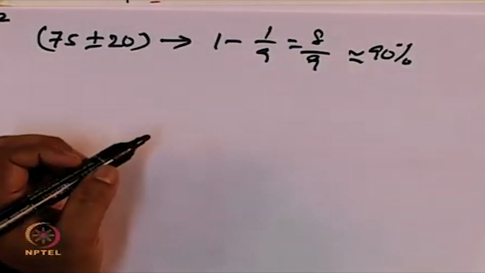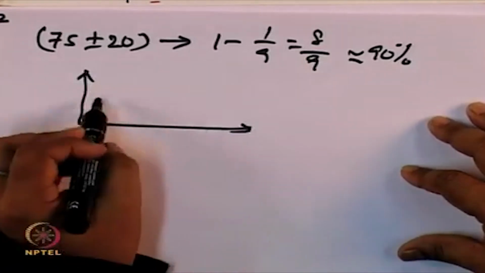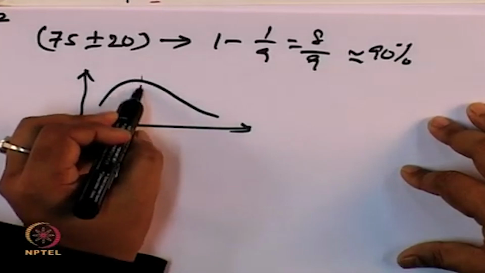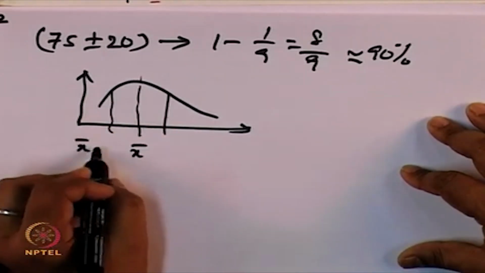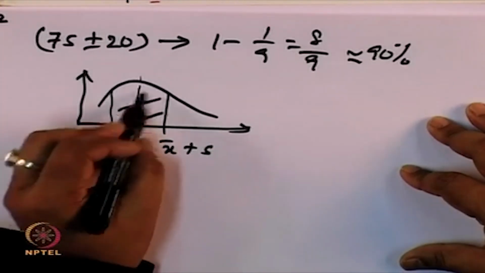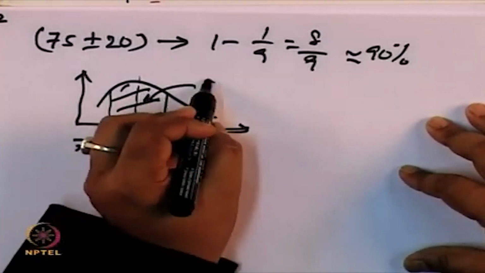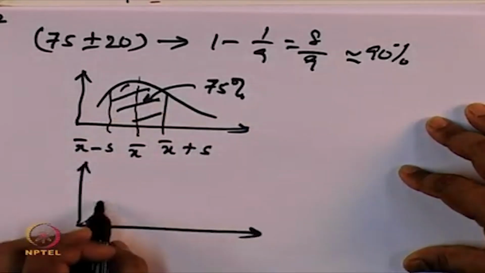But as I had stated last week in last class, for a generic distribution, Chebyshev's theorem is actually a very conservative estimate. So, this is your x bar minus S, x bar plus S, right. So, this is roughly what we calculated, 75%, in the generic case.